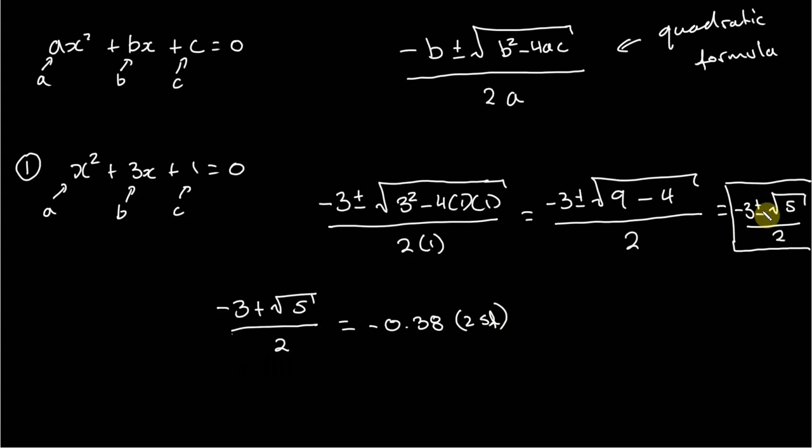And we also know that our other solution is negative 3 minus root 5 over 2, and again it's going to give us another negative decimal value. Indeed, we have negative 2.6, and I'm just going to leave that to two significant figures.